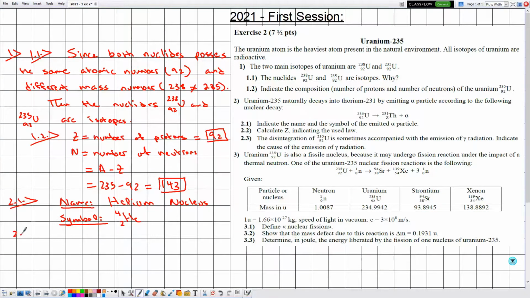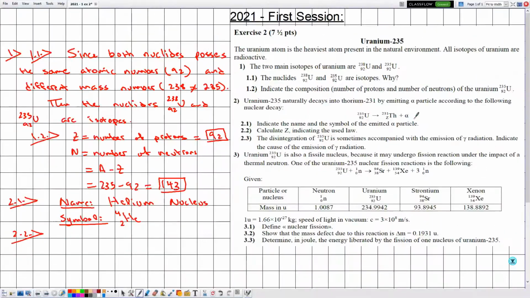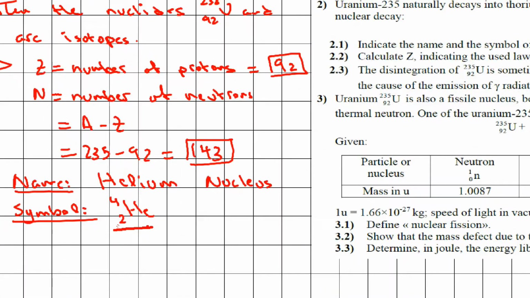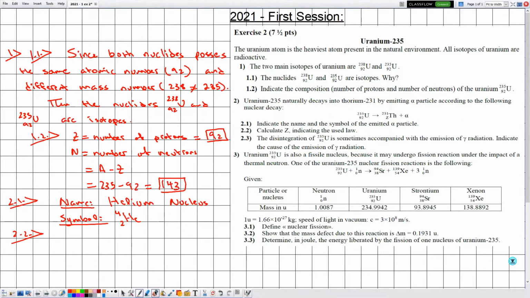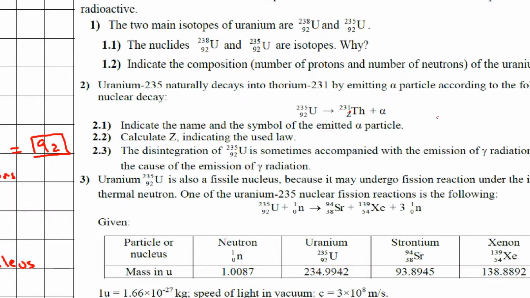Now in 2.2, they are telling us to calculate Z, indicating the used law. First of all, let's replace alpha by its symbol before determining Z, the atomic number of thorium.